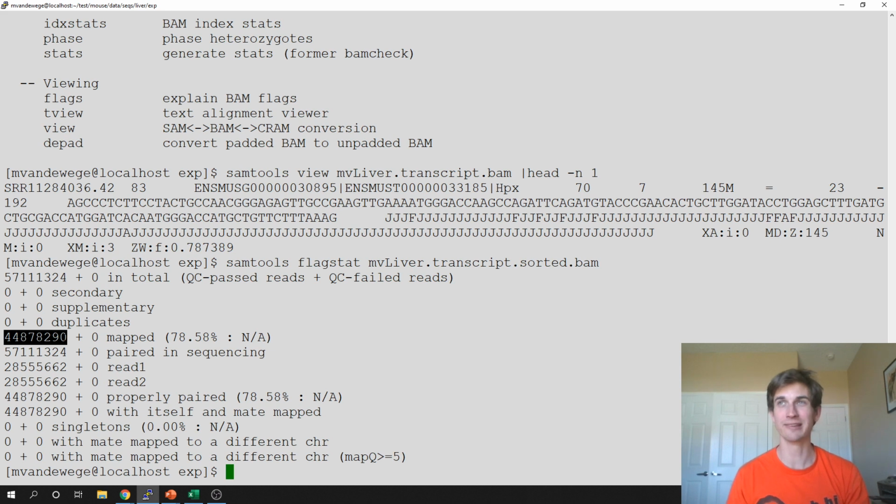But RSEM sorts the BAM file before we do anything with it. So it's already going to get rid of mates or reads where one read maps to the gene but the other didn't, or where one read mapped to gene A but the second of the pair mapped to gene B, something wonky like that.